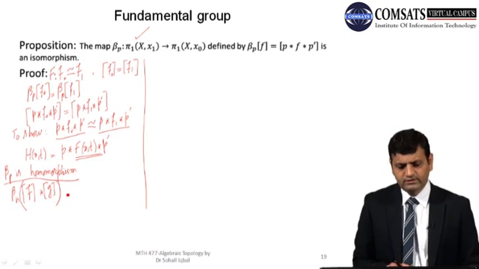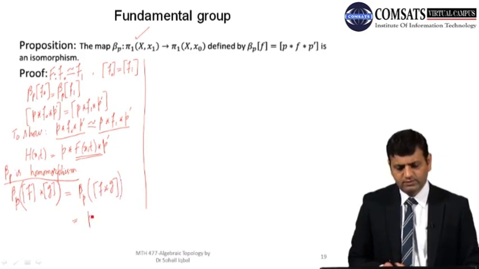So beta P applied on f star g, the path class of f star g, is equal to p star f star g star p prime.